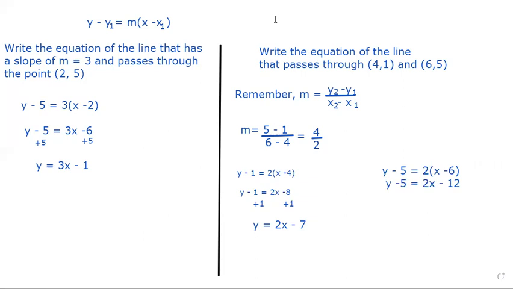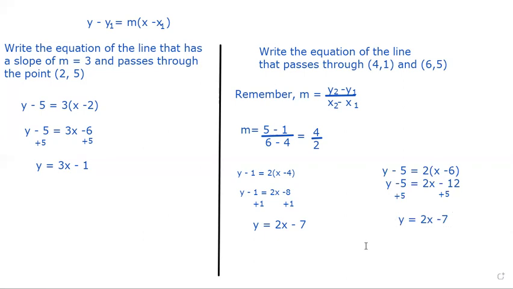And remember, one thing that we always want to do: we're subtracting 5, so we need to add 5 to both sides. So our final answer in this case would still be y is equal to 2x minus 7.